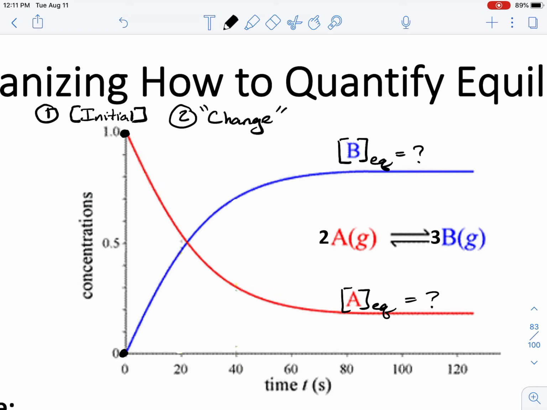And finally, once the chemical system has reached a state of equilibrium or dynamic equilibrium, we can go ahead and define that point as the equilibrium concentration for both of those substances.